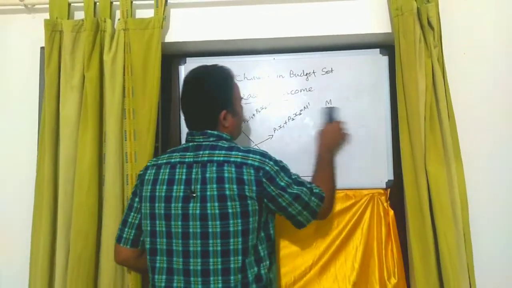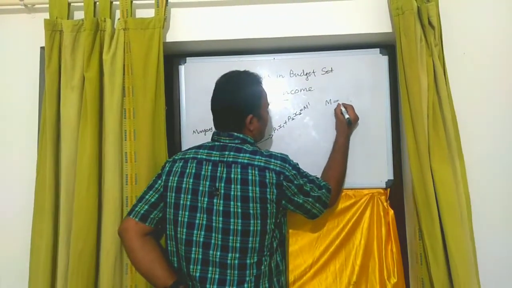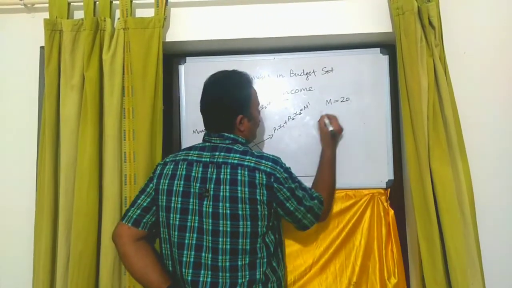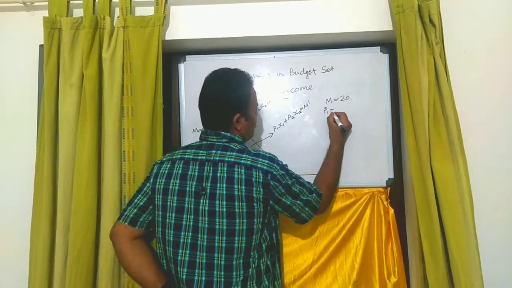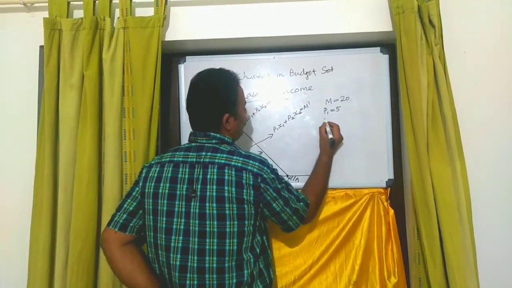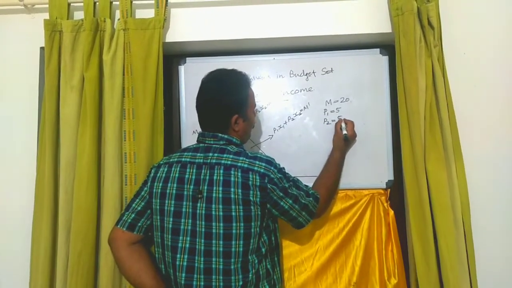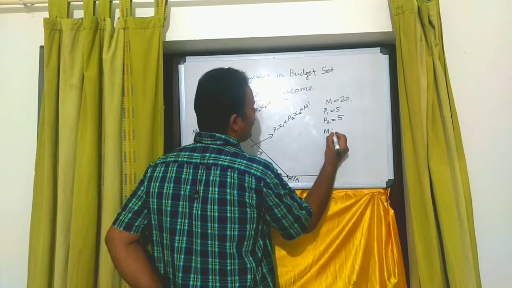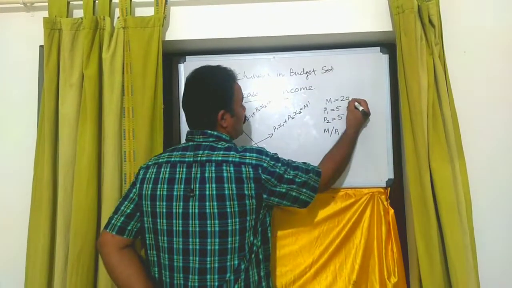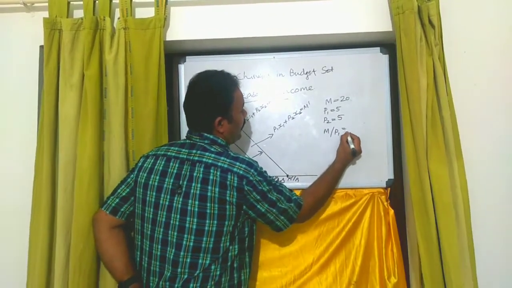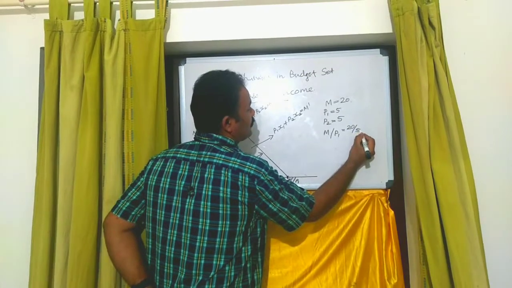Suppose M is equal to 20 rupees. Price of the first commodity, that is banana, is 5. Price of the second commodity, that is mango, is 5. Then M by P1, what is M by P1? 20 by 5, that is equal to 4.